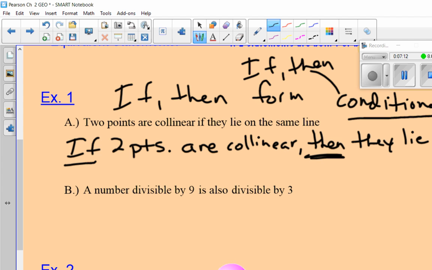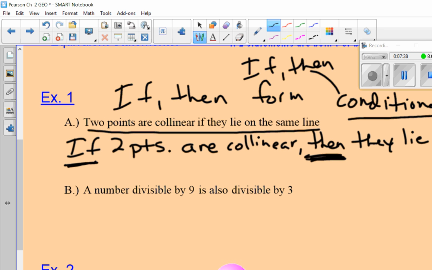When you do these, you can add words or delete words from the original statement. Obviously, you're going to add the words if and then, but you want it to sound grammatically correct. So you can add some words here and there to make it more understandable sometimes. You'll notice I didn't flip the order.